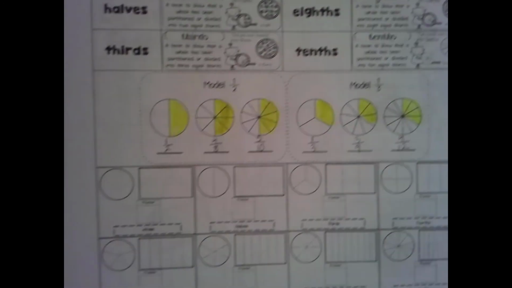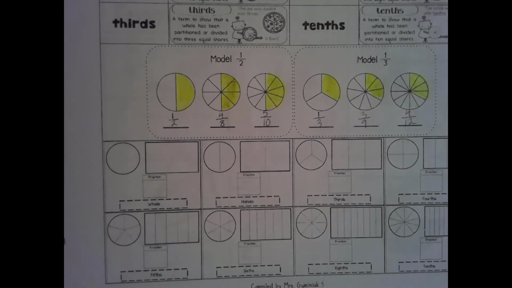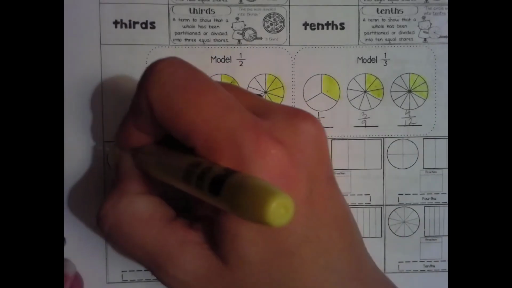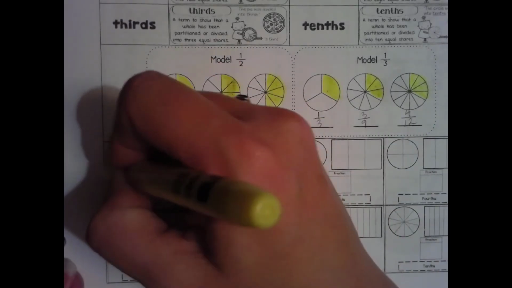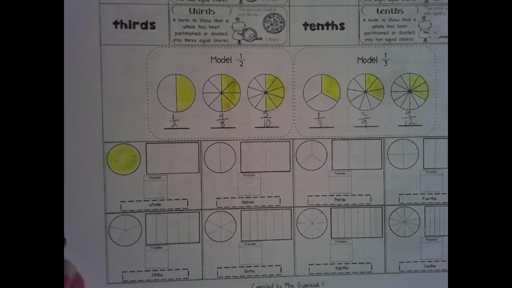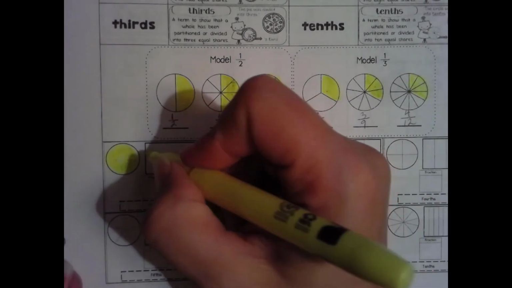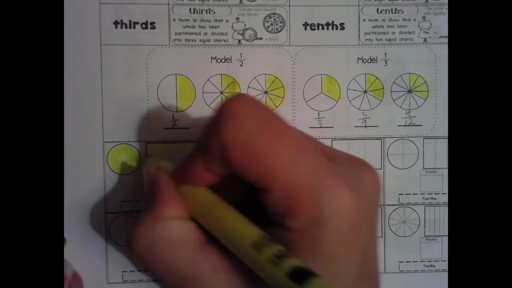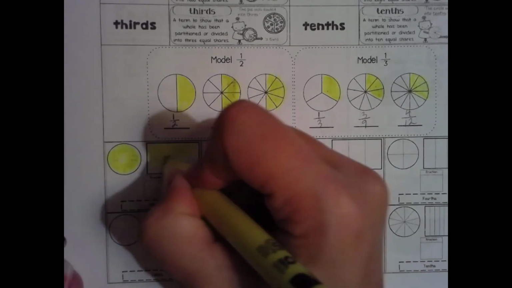Okay, so now we're just going to look at fractions in general. And you want to use your highlighter. So this one, because we can get a large space here, I'm going to just color in that whole circle and this whole rectangle.